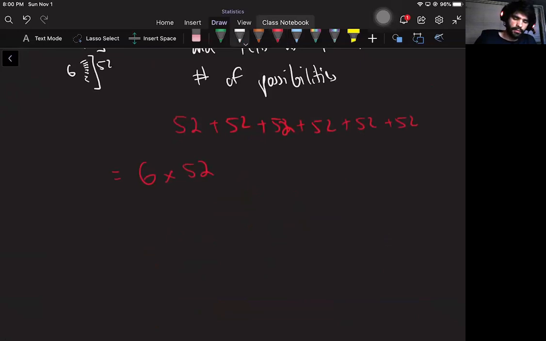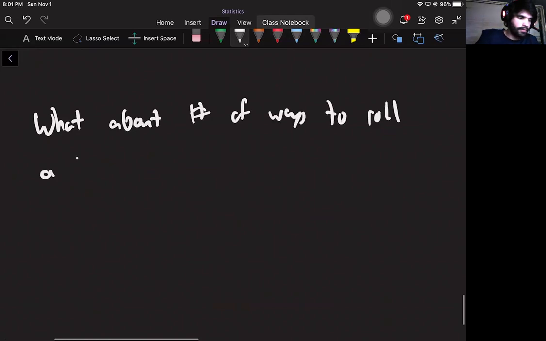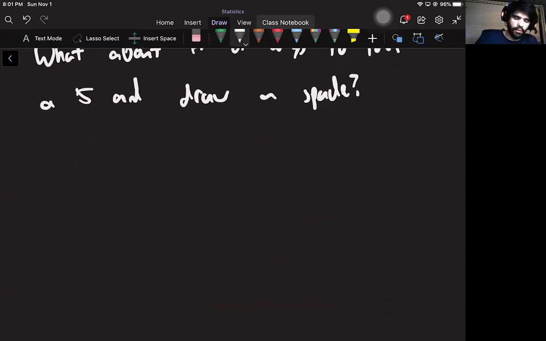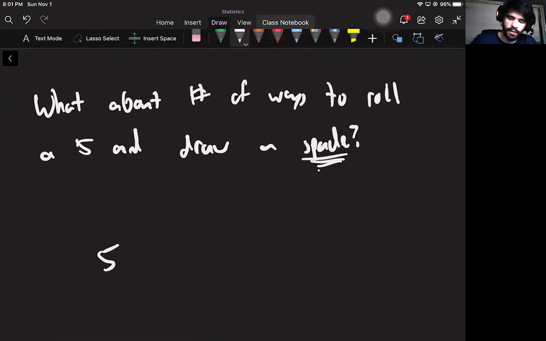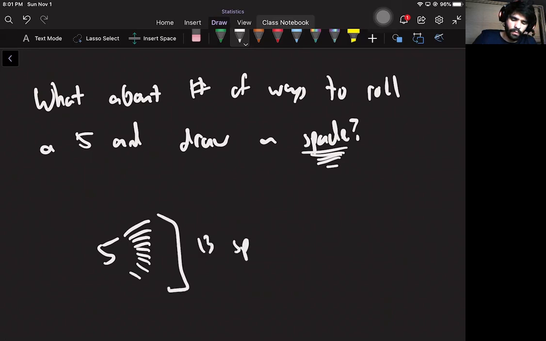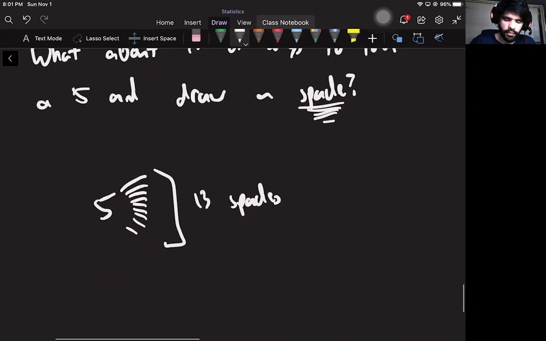Okay, so now how do we get the top number? So what about the number of ways to roll a 5 and draw a spade? It's going to be very similar. So I can roll a 5 to start, and then how many different spades can I choose from after that? Well, there's 13 of each suit. So in total, this is the end of the tree diagram for this situation.